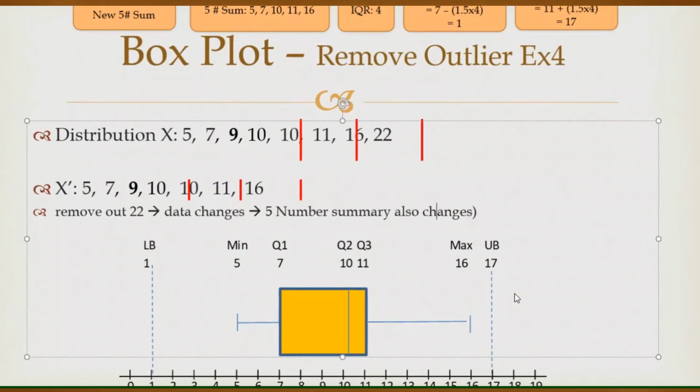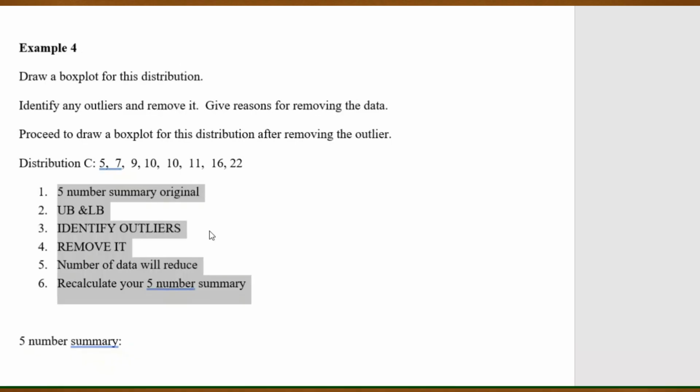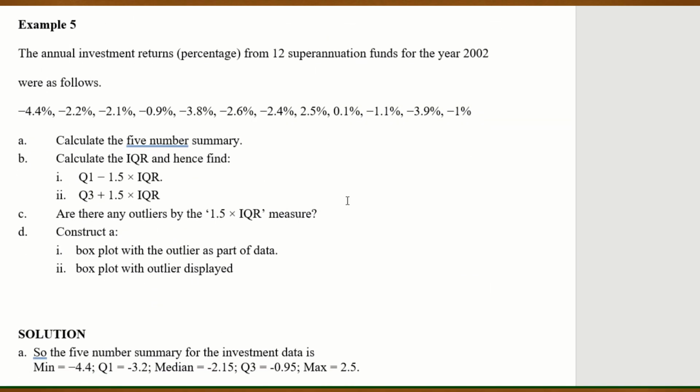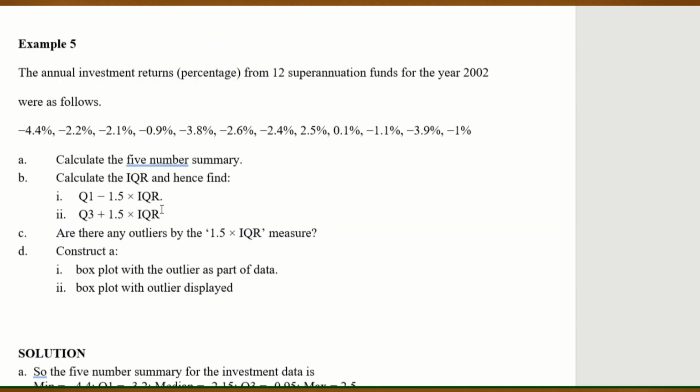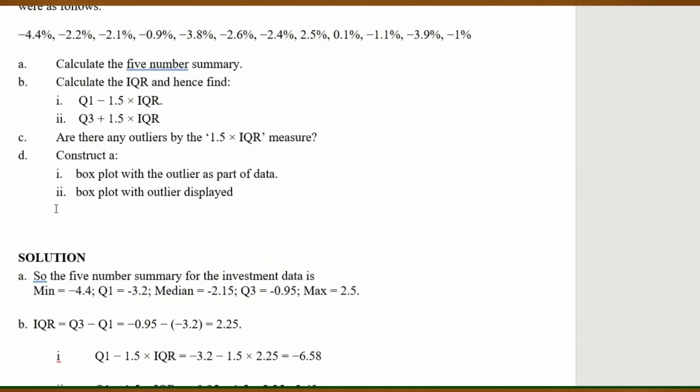Okay? So basically, that's how you draw your box plot. All right? So there is an example here in your manual. Do you see this example here? Example 5. So basically the solution is here. Please try to go through it. So you rearrange from small to big first, then you find 5-number summary. Students always, they will remember now. After, during exam, when they ask for 5-number summary, they have no idea what I'm talking about.